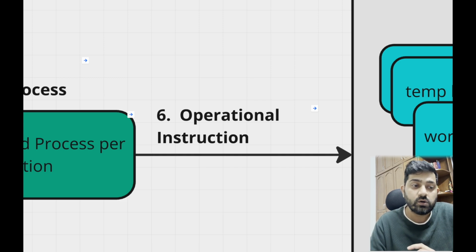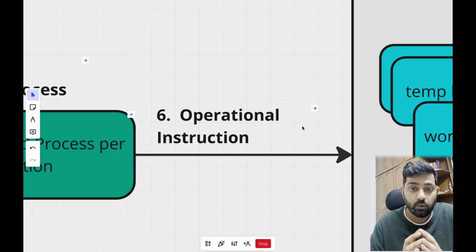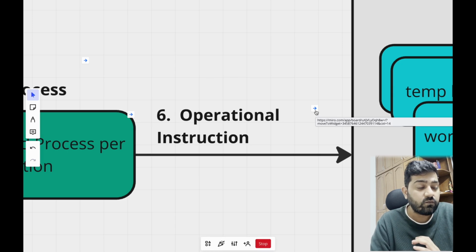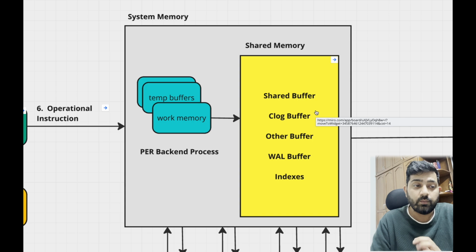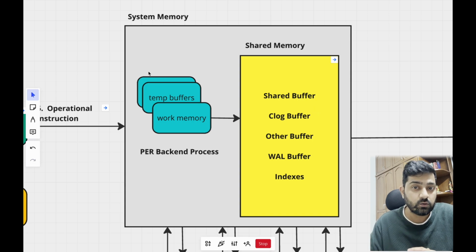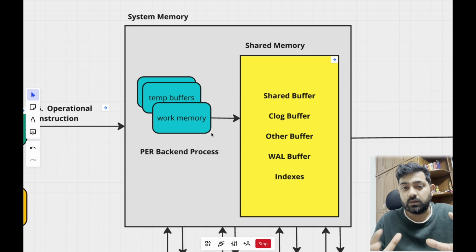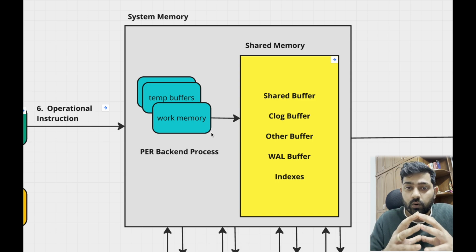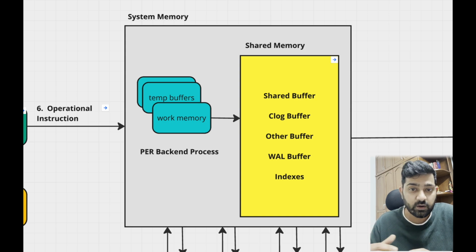Since it's a process, it definitely has memory. In the case of each backend, we have work memory and temporary memory allocated to that process. You can assume that work memory is, as the name suggests, the memory where the actual work that the process needs to do for that operation is performed.